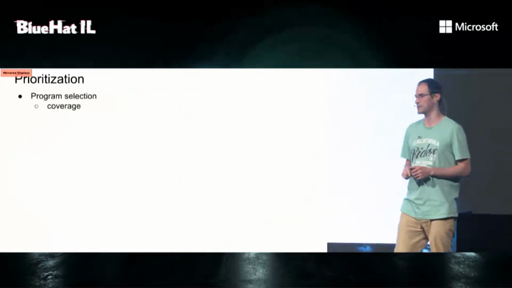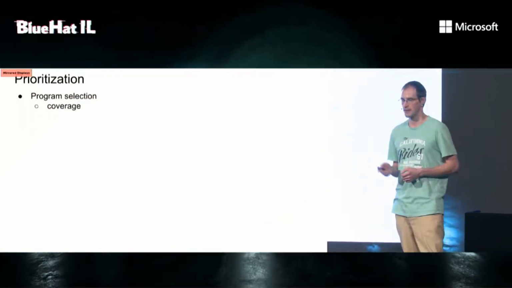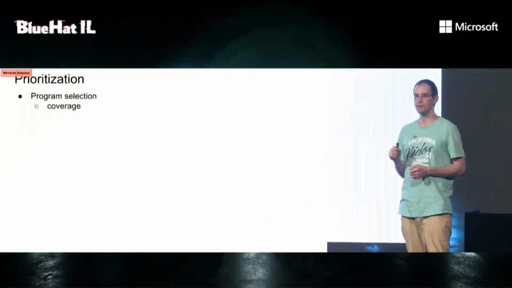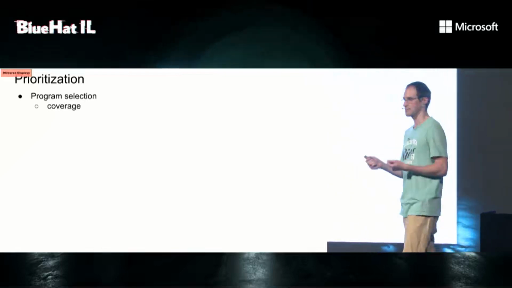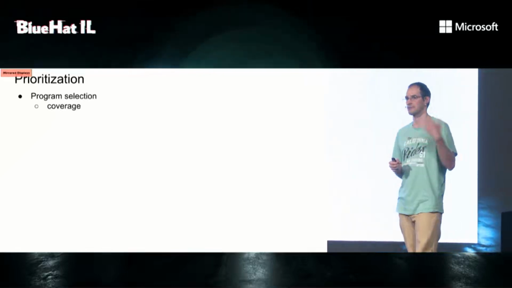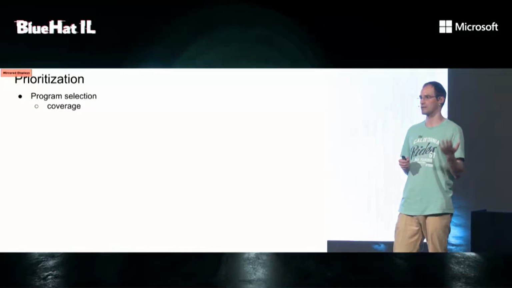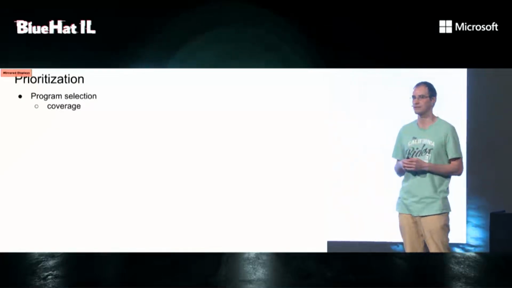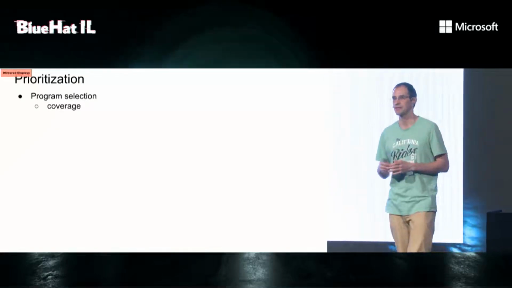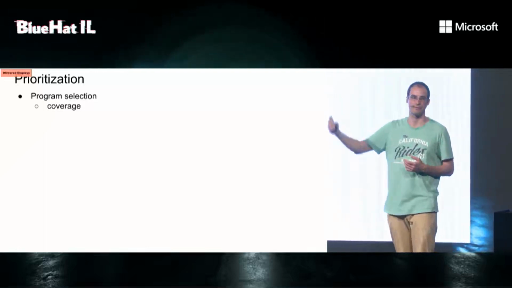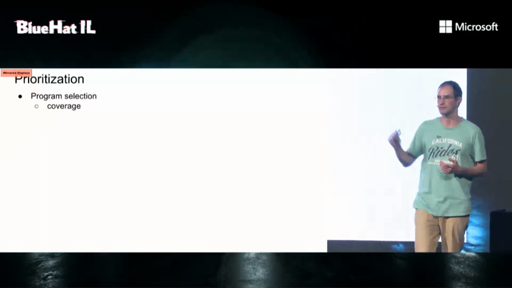So for this, we use prioritization throughout the fuzzer. For example, when we choose a program from a corpus, we look at its complexity and coverage. For example, we may have one program with just one system call, for example, sched_yield, which doesn't accept any arguments. And we have another program with 10 system calls with complex arguments. Right?